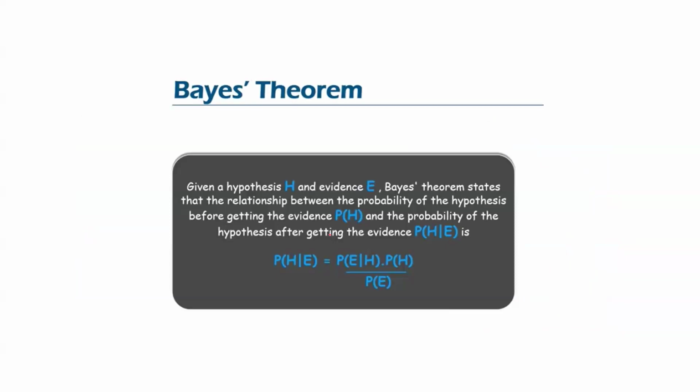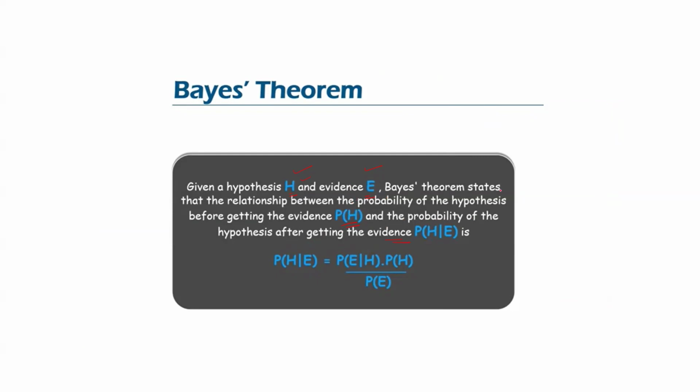Coming to Bayes theorem, it is very, very important. Bayes theorem states that, given a hypothesis H and an evidence E, it relates the probability of the hypothesis before getting the evidence and the probability of the hypothesis after getting the evidence.